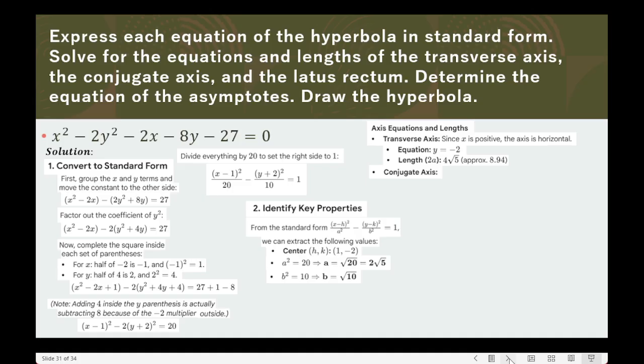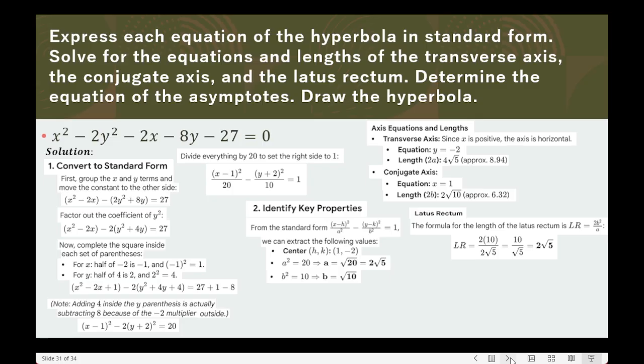The conjugate axis has an equation of x equals 1. The length is 2b, or that is 2 square root of 10, which is approximately 6.32. So for the latus rectum, the formula for its length is 2b squared over a.